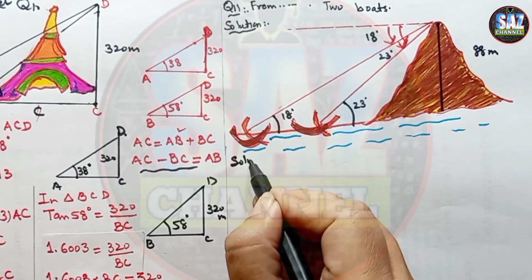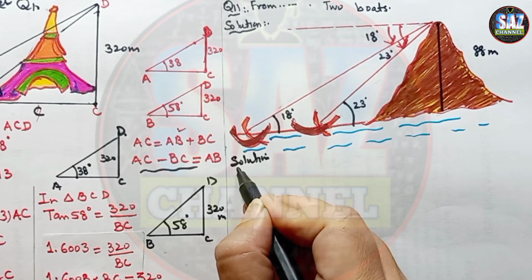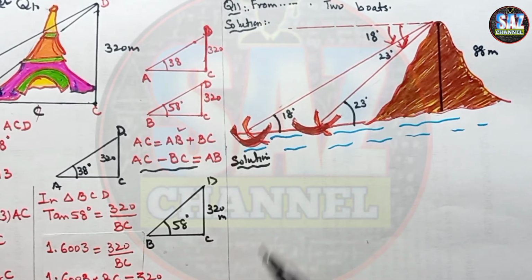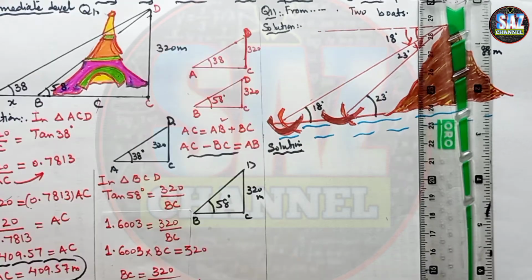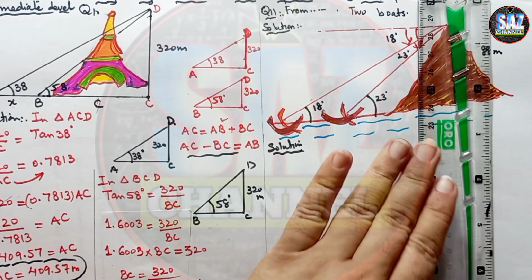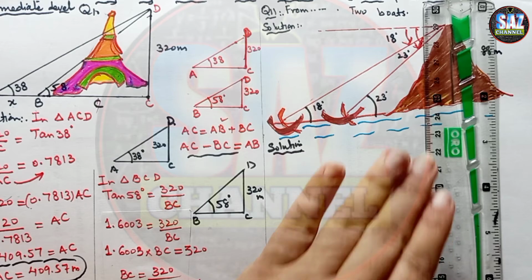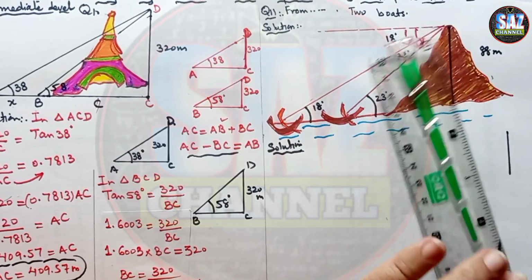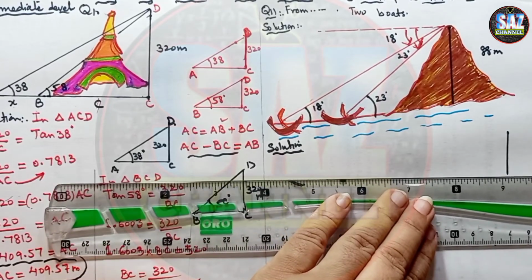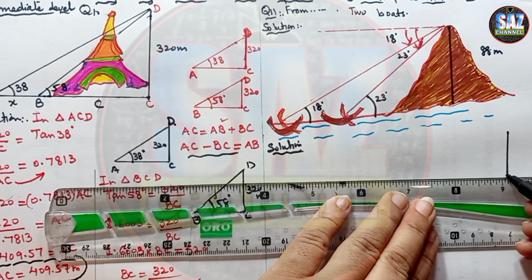Okay, let's move to the solution of the question. In this question I will be going a little direct because we have done a lot of this type of situation. First of all, I'm going to take the outer big triangle, in which the height is the height of the cliff, 88 meters, and this is the outer board position.